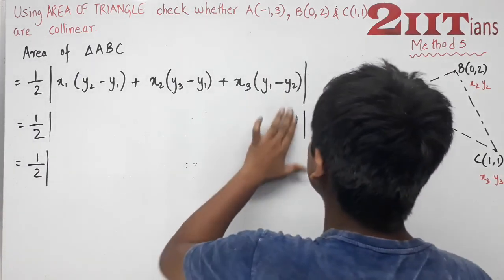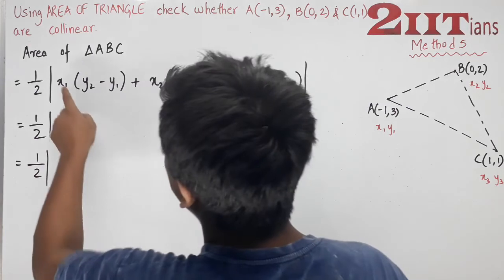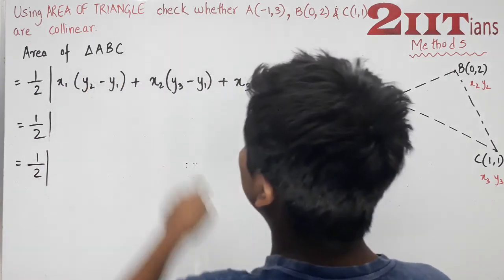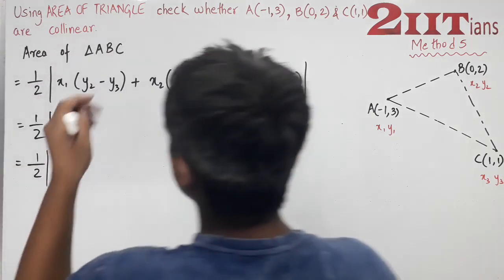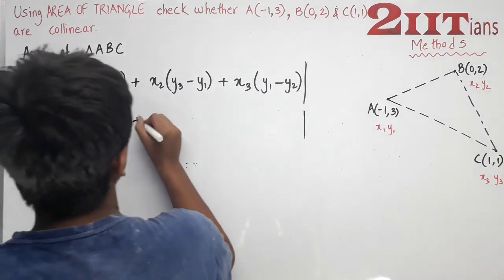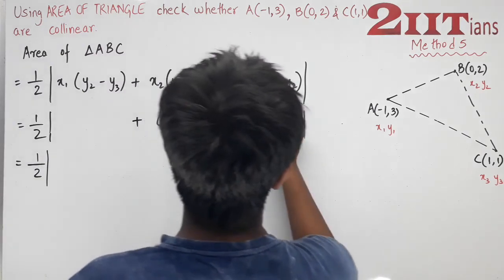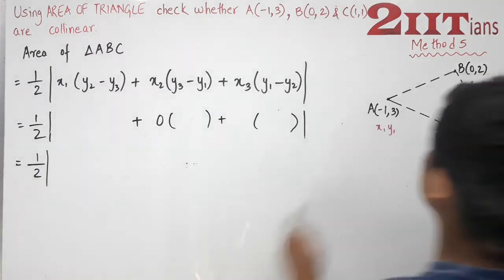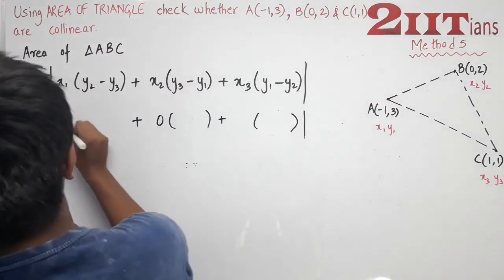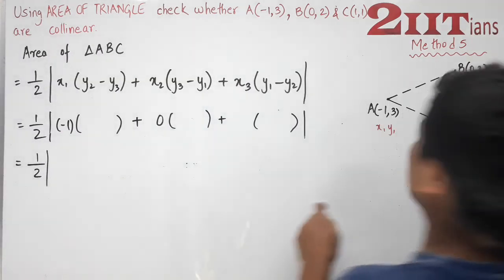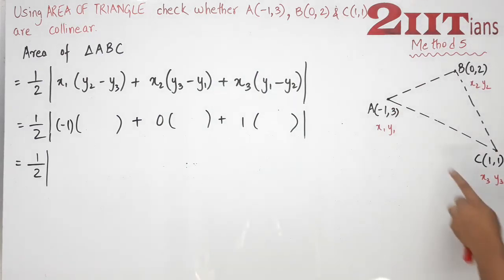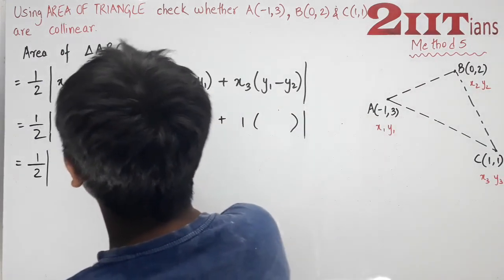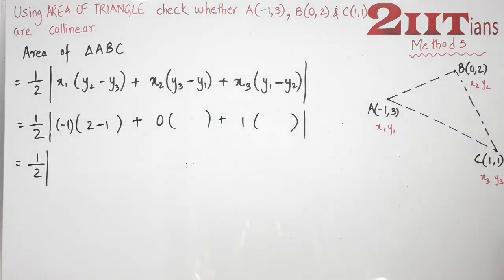A student sitting here has just told me that x1 times y2 minus y3 is the correct formula. So again we will plug in the values. 0 was here and x1 is minus 1 and x3 is 1. y2 minus y3, 2 minus 1. Now we are going in the right direction.